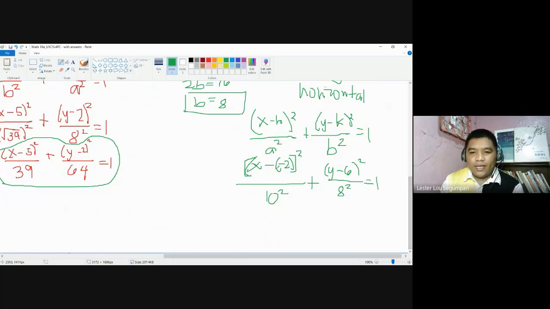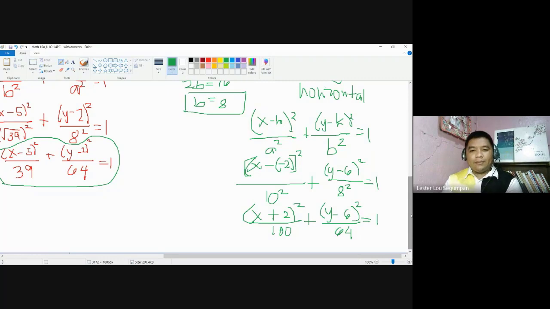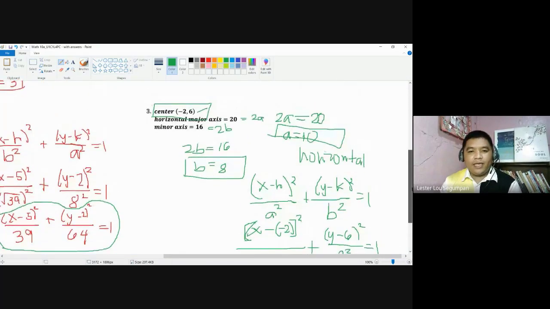Finally, the double negative property here will be applied. You have (x plus 2) squared over 100, plus (y minus 6) squared over 64, equal to 1. So it's a little bit easier since a, b and the center are given.